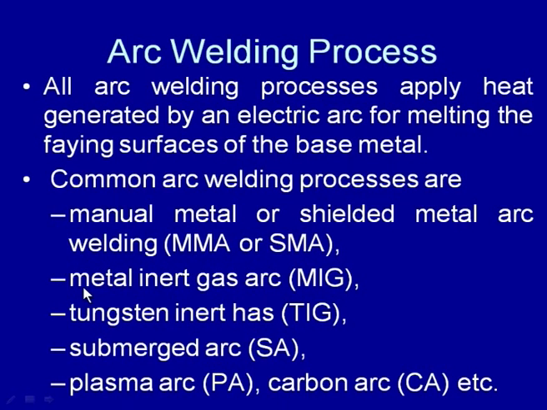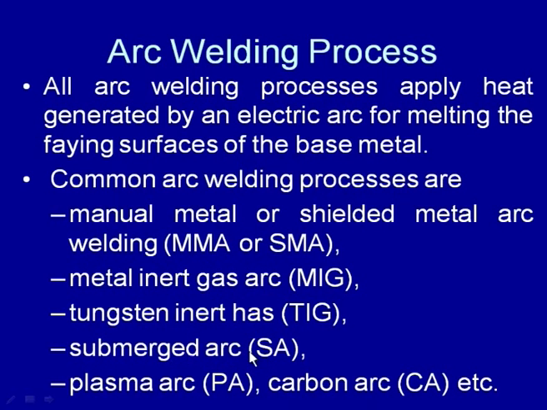At the same time, it uses a consumable electrode, and this process is commonly known as MIG or the metal inert gas arc welding process. Another process is the tungsten inert gas process, in which inert gases like helium and argon are used for shielding the weld pool from atmospheric contamination, and a non consumable tungsten electrode is used.